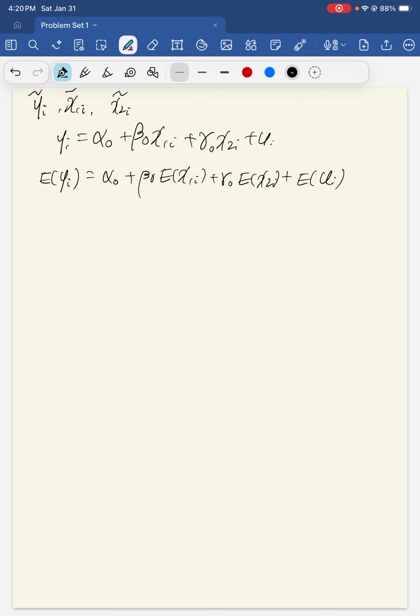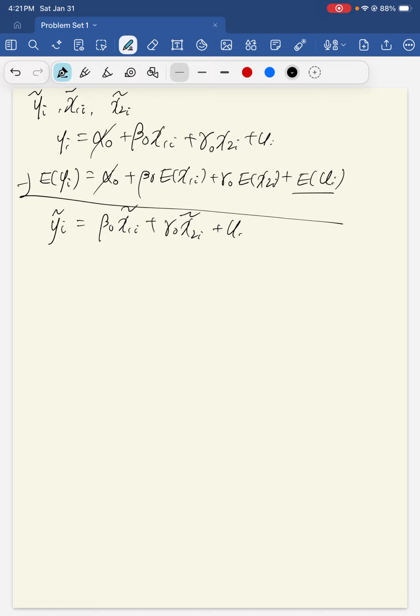In the question, I assumed that this is 0, but it doesn't need to be. If you take the subtraction, then yi tilde equals beta 0 x1i tilde plus gamma 0 x2i tilde plus ui tilde, since the intercept cancels out. Then this is a new regression equation with two variables only.